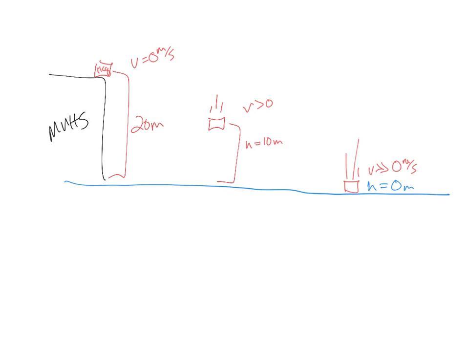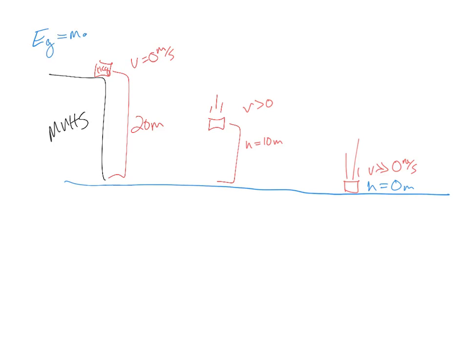So if we thought about this from the work perspective, we've added 20 meters of height, or distance. The mass is 1 kilogram, and the gravitational constant is 9.8. So if you add that much work, that means that you have energy stored in the gravitational field.